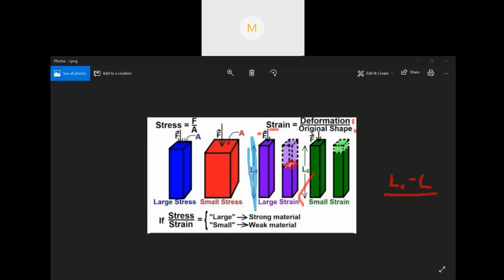This one was the initial length, and after that it gets reduced. So this length is L. Change in length divided by original length is what?